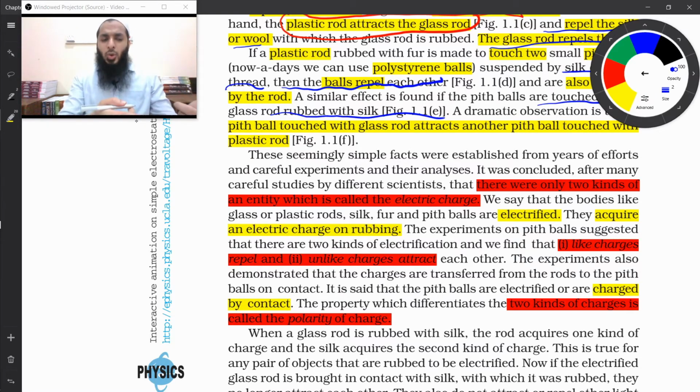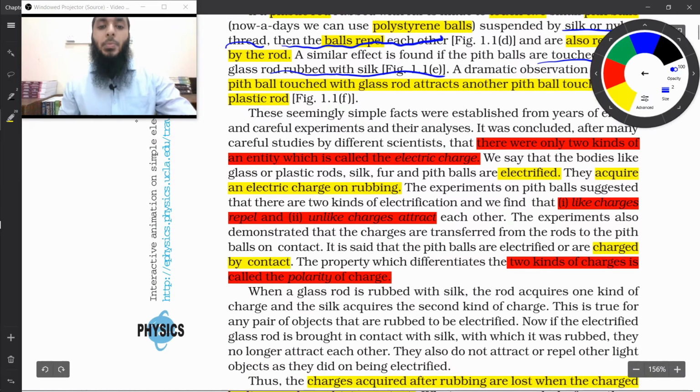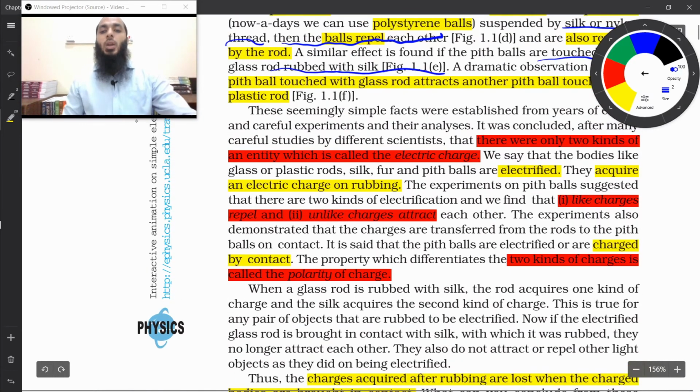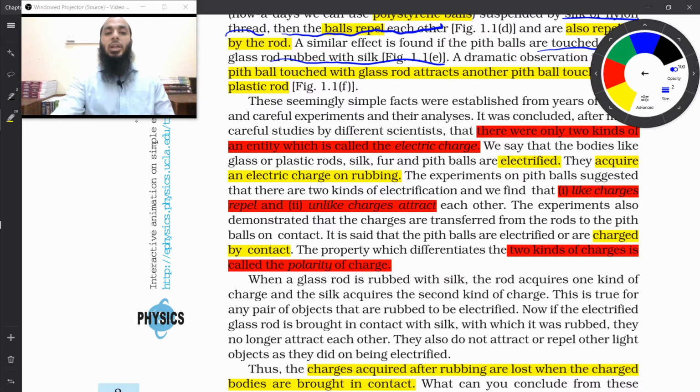We already know that they are positive and negative, we have been hearing that. But when they were discovered, it was confusing. Like they could be A charge, B charge, C charge, D charge. But finally they concluded that there are only A charge and B charge, and they named them positive and negative. Now, we say that bodies like glass or plastic rods, silk, fur and pith balls are electrified.